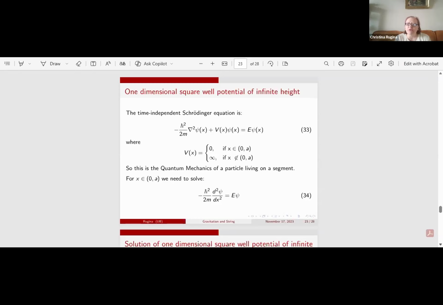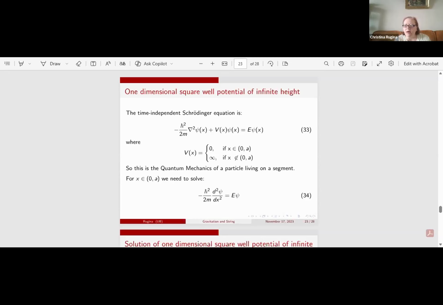Okay, so one-dimensional square well potential of infinite height. We have a time-independent Schrödinger equation, which is this one. Of course, we again assume you know the Schrödinger equation. We are not going to explain it, derive it, or anything else. And the potential is that of a square well.